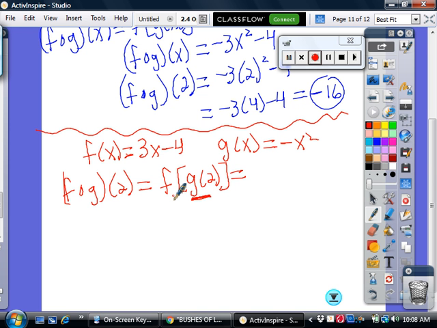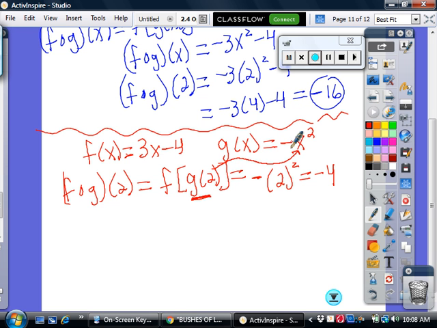So we're going to plug 2 into g. This is supposed to be a negative x squared, it's pretty messy. So this would be negative, and then 2 squared would end up being negative 4. This negative is on the outside, and it's not part of the x.